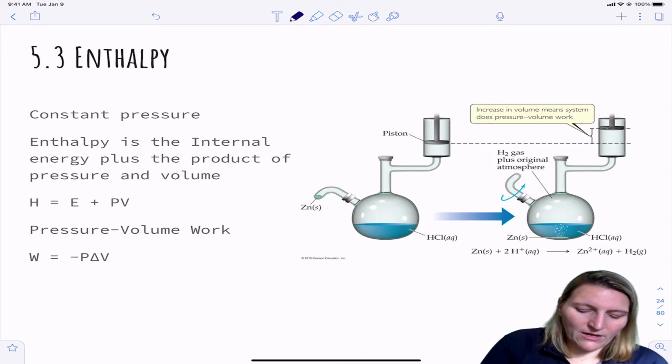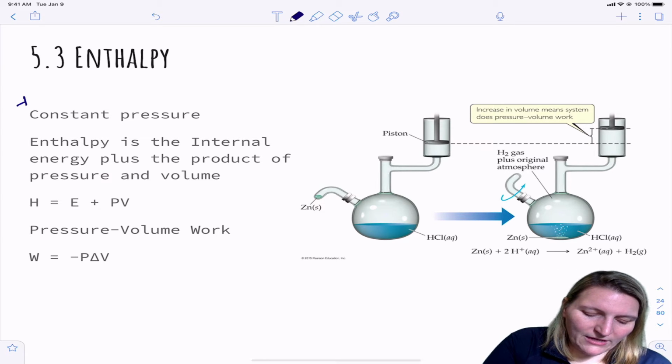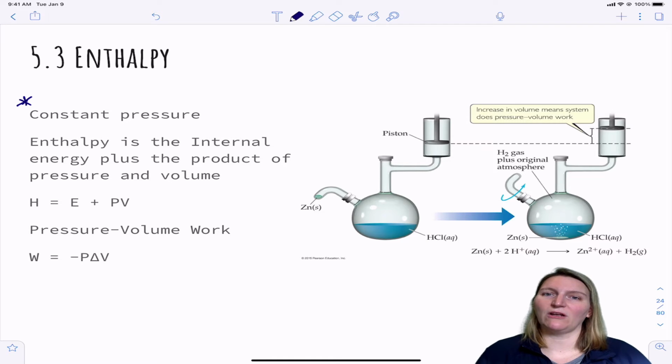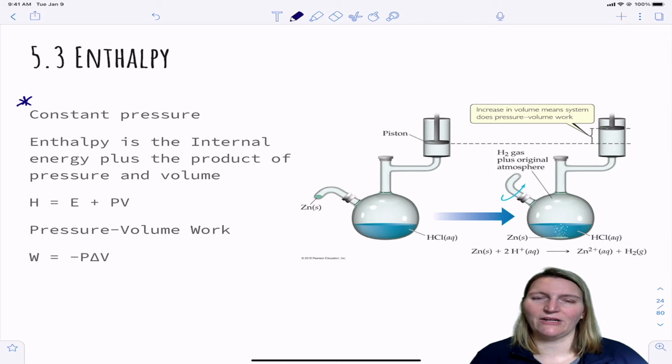The important thing here is that we're going to talk about constant pressure systems. Saying that we're talking about systems at constant pressure is important because things change when it is in a completely sealed container and pressure is allowed to build up.